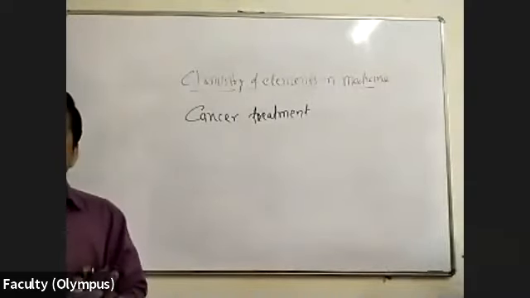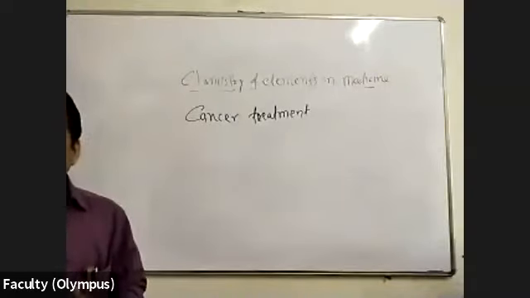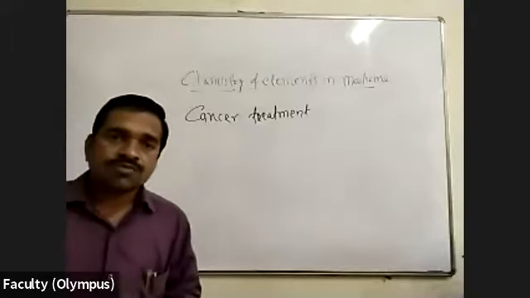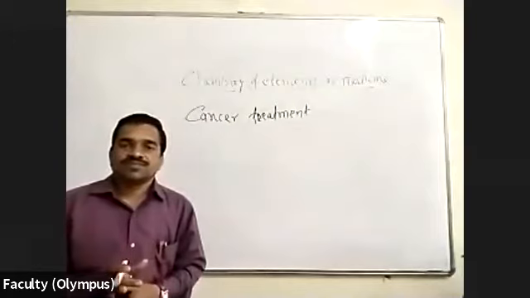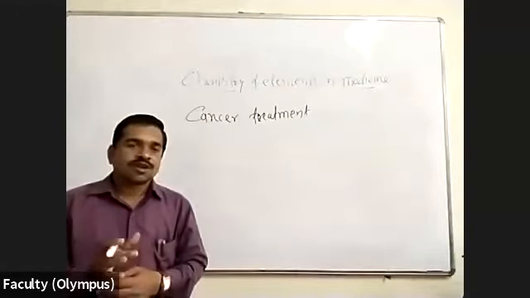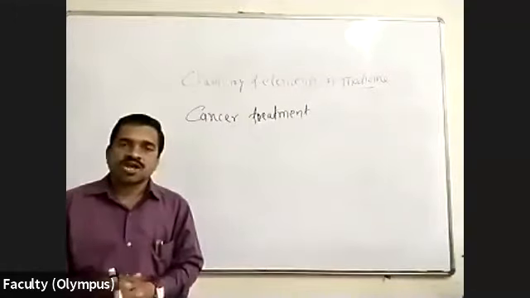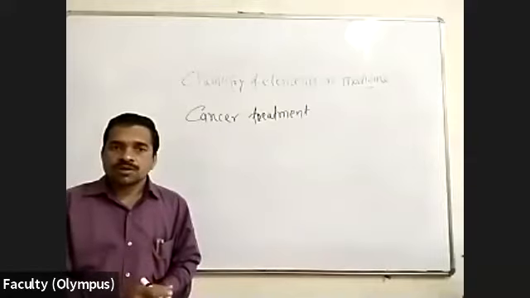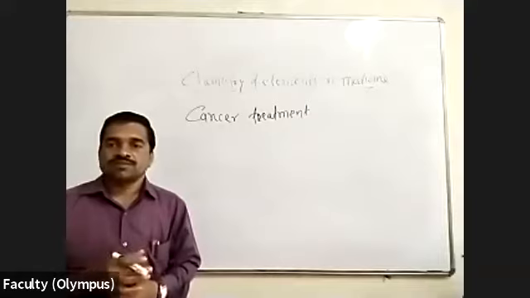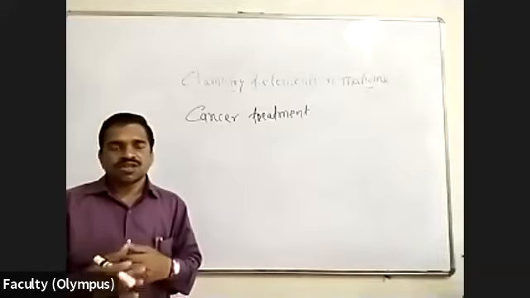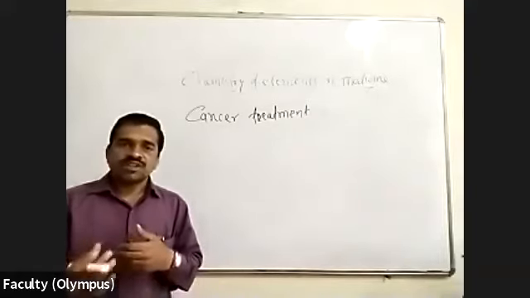When we introduce an antibiotic, it will kill specifically that bacteria. It cannot attack the animal cell; it attacks the bacterial cell or virus, because their DNA and RNA are different.